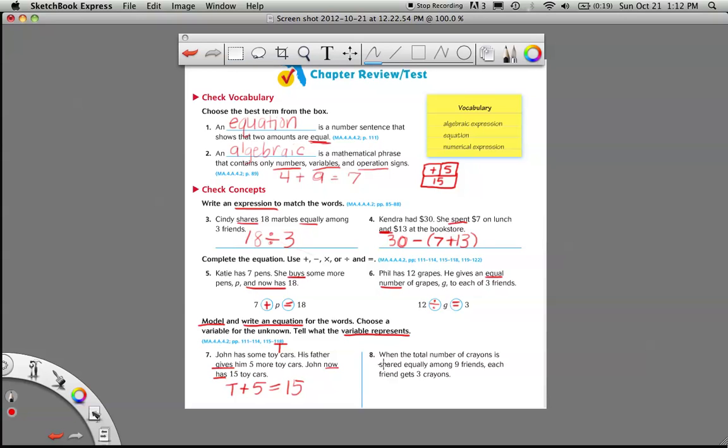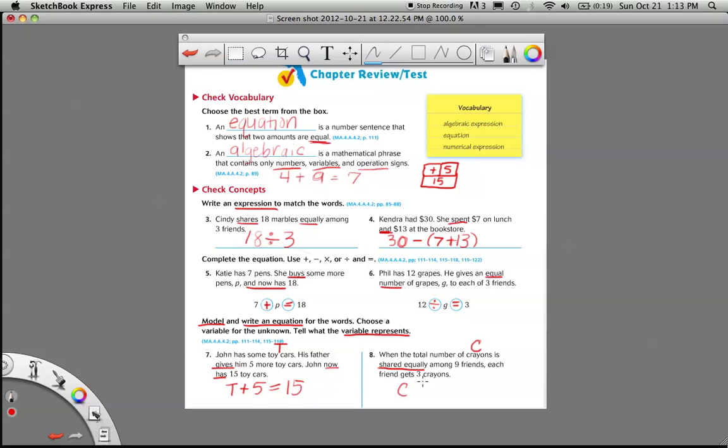Now I'm ready to move on to number 8. I'm ready to model, write an equation, and tell what the variable represents. The problem says the total number of crayons, it doesn't tell us the total number, so I'm going to call the crayons C. That's going to be my variable. When the total number of crayons C is shared equally, oh, there's some math.